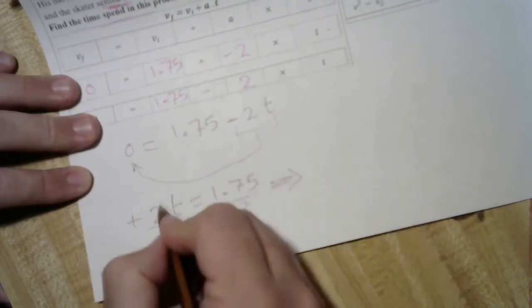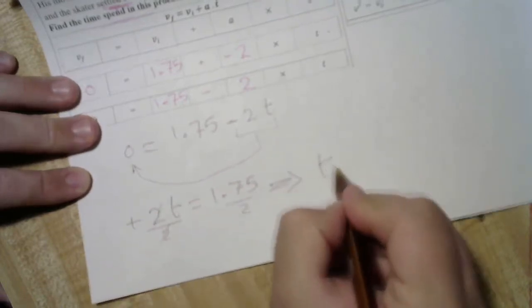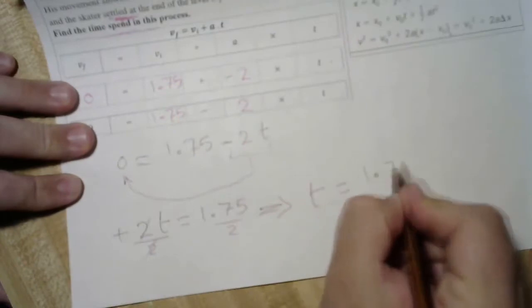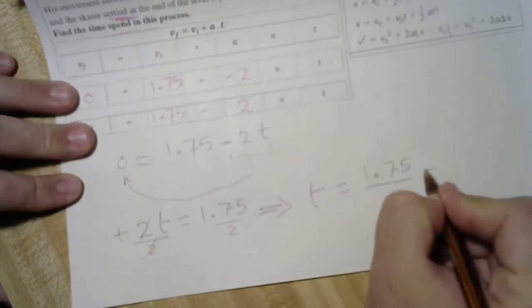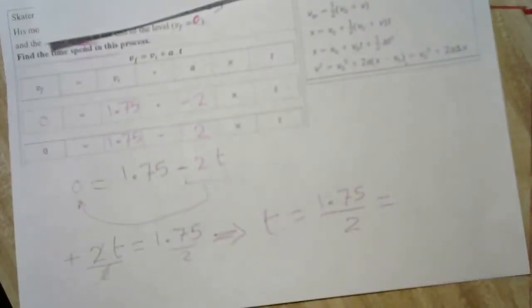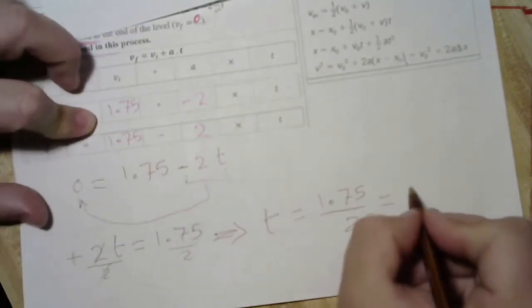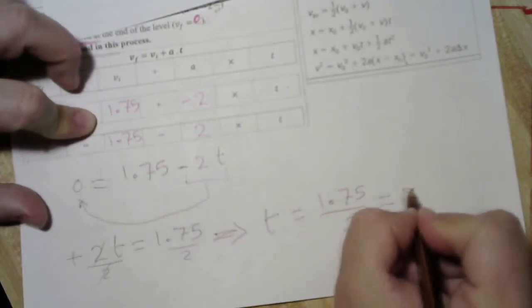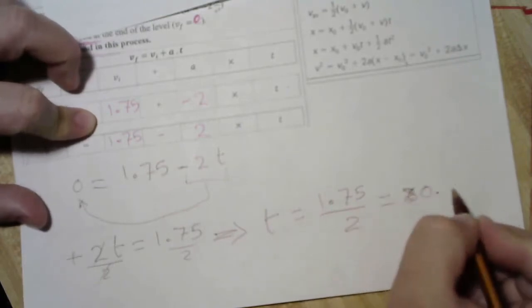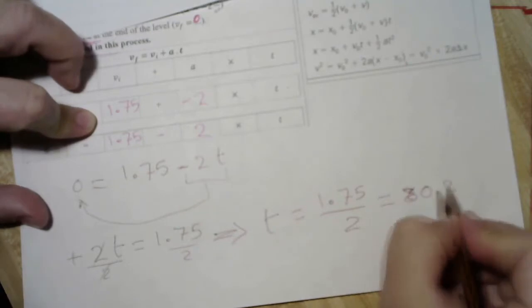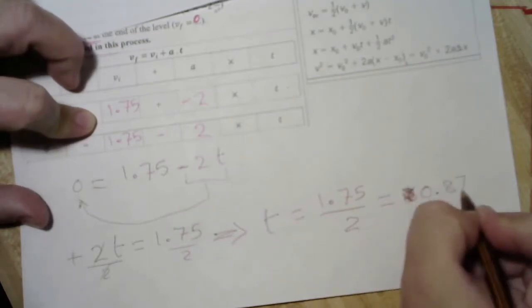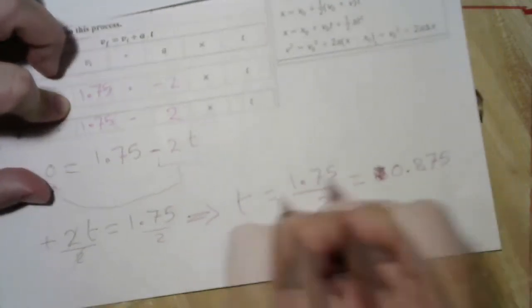From that I can find T is equal to 1.75 over 2, which is equal to half. I will compute it. It is equal to 0.875 time in seconds.